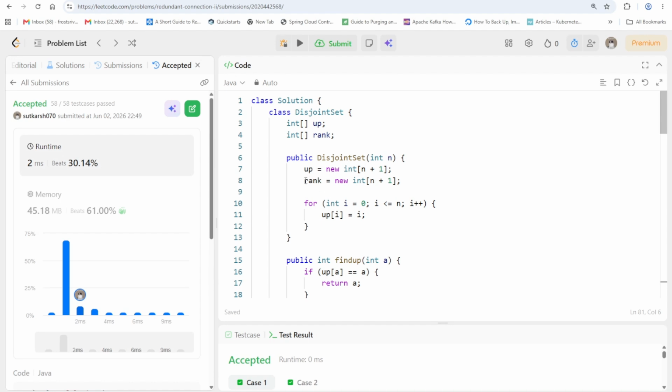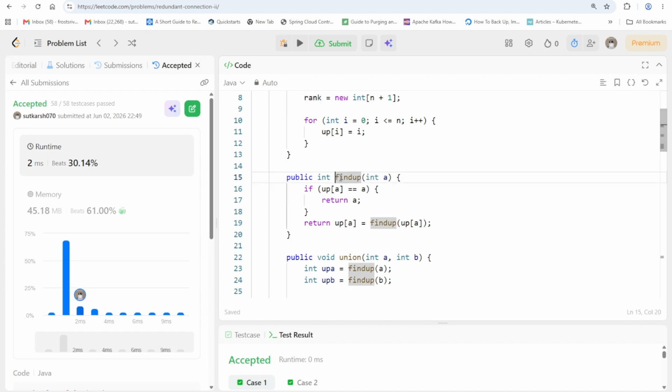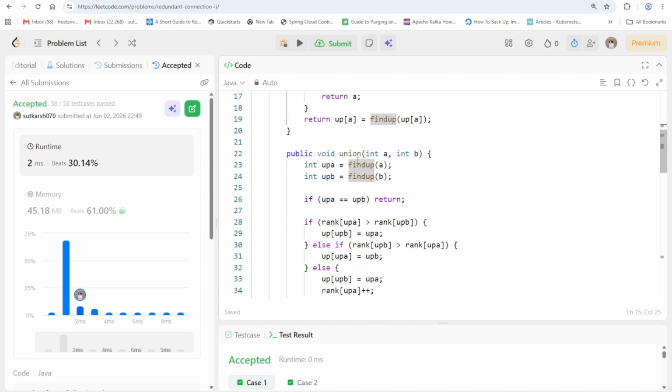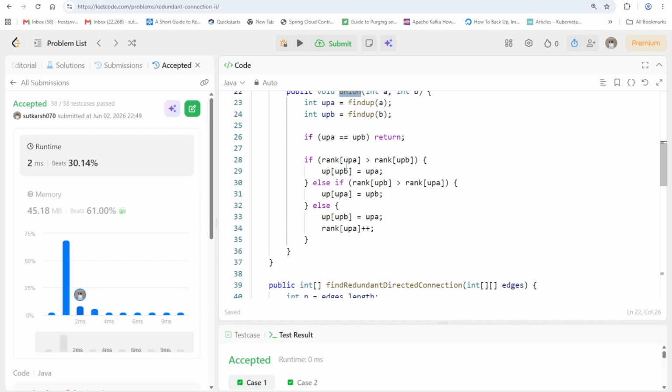If we get back to the code here, we are just creating one ultimate parent array and one rank array. We are initializing it, and here we are finding the ultimate parent with the help of recursion. This is simply path compression that we are doing, and here we are doing union by rank, as I told before. If rank of A is greater than rank of B, then we are moving the smaller under the larger.